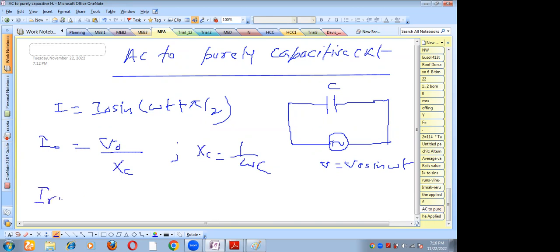The RMS value is equal to the RMS value, right? This is how we can do it.